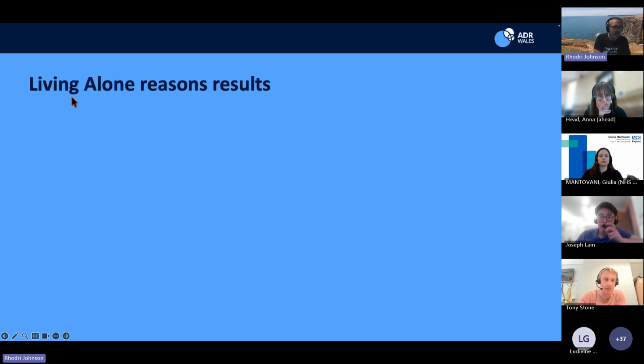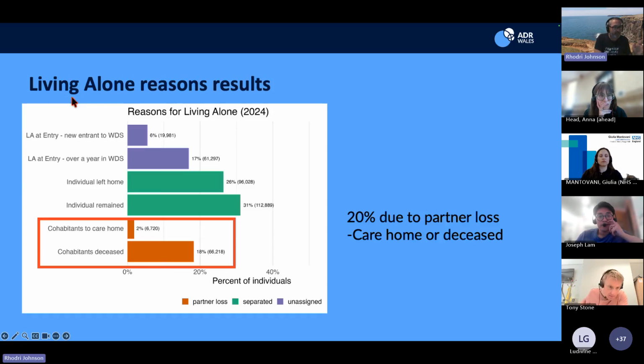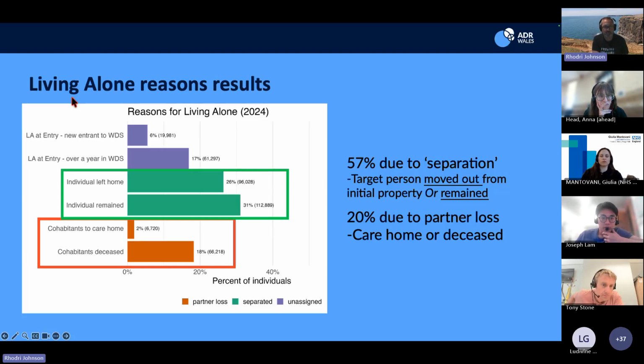Okay, so living alone reason results. We have for 2024 only 20% of the people living alone in 2024 were due to partner loss. 18% were due to the cohabitant being deceased, 2% going to a care home. The majority, 57%, due to a separation, and again, split then by whether the individual has moved or the co-resident has moved.